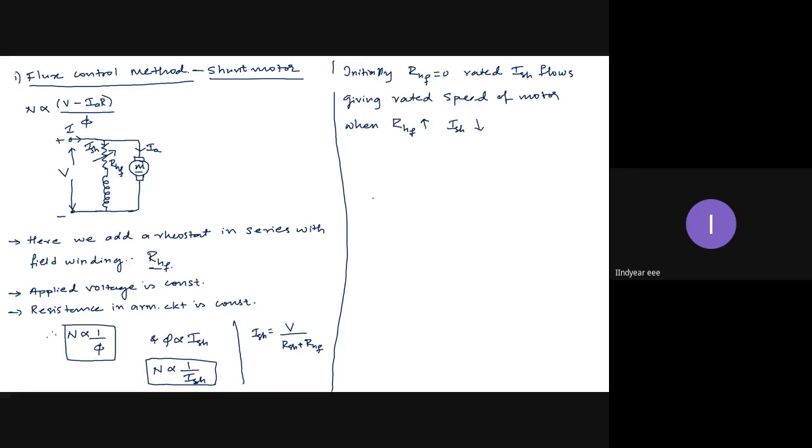So when RHF increases, ISH decreases, therefore flux decreases and speed increases.